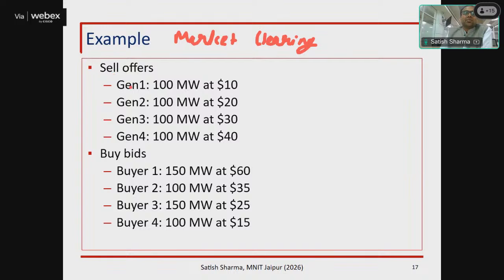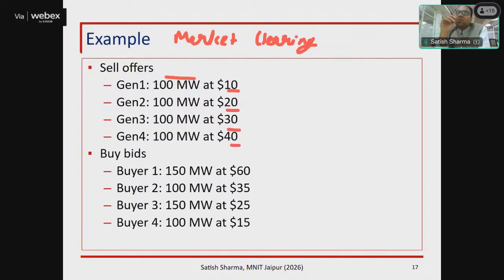Here, some generators are there and they are ready to supply 100 megawatt, and they have different prices. The fourth generator can supply the 100 megawatt at the price of $40 per megawatt hour. Instead of a fixed demand, if I add these up, it's 300, 400, 500 megawatts.